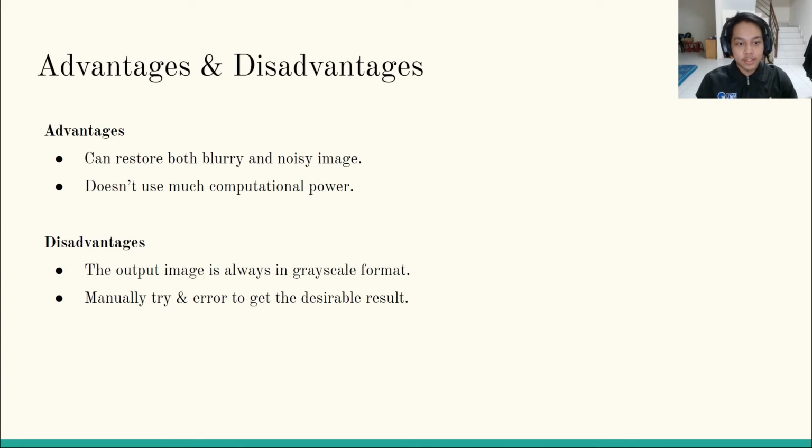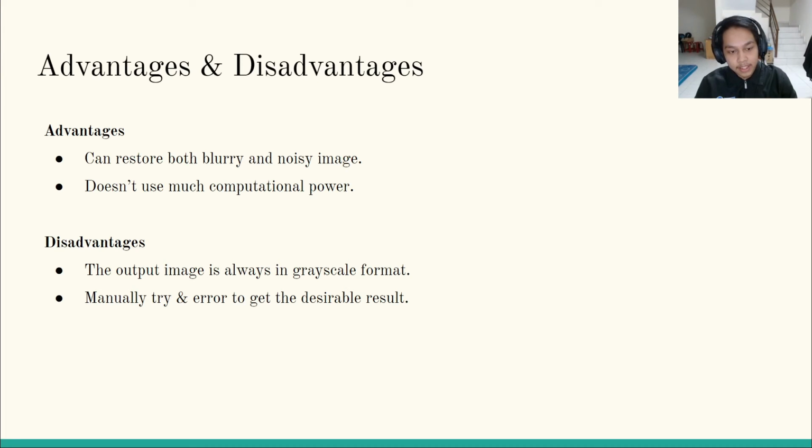An advantage of the system is that it can restore images that are both blurry and noisy. Also, this system does not use much computational power, meaning that you will get the result fast and no need to wait for too long.